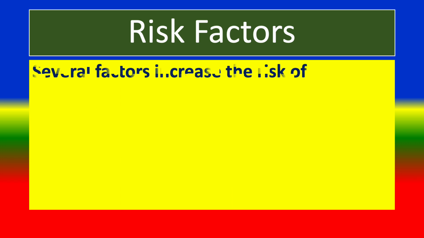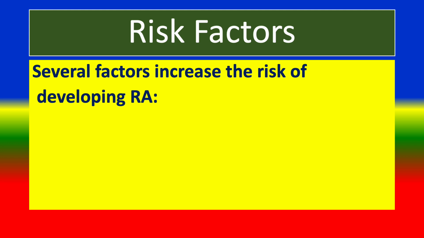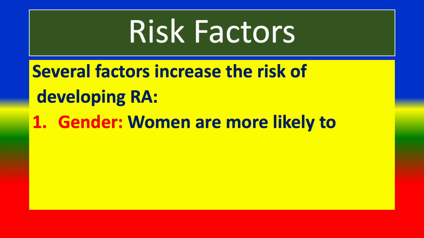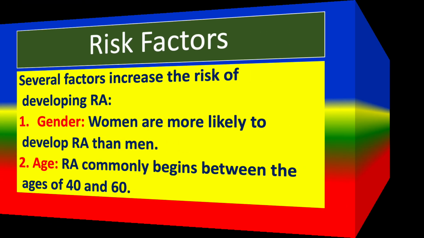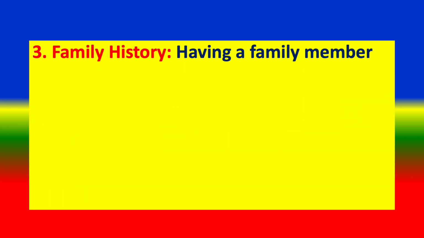Risk factors. Several factors increase the risk of developing RA. 1. Gender. Women are more likely to develop RA than men. 2. Age. Commonly begins between the age of 40 and 60. 3.